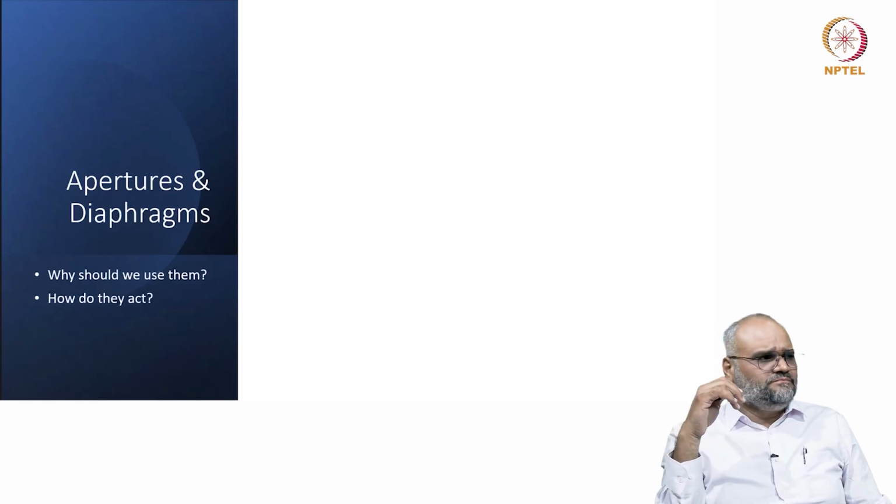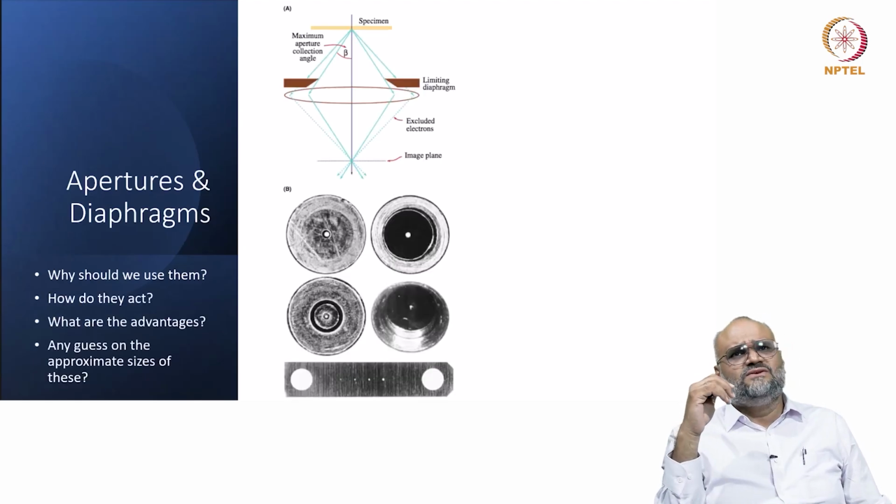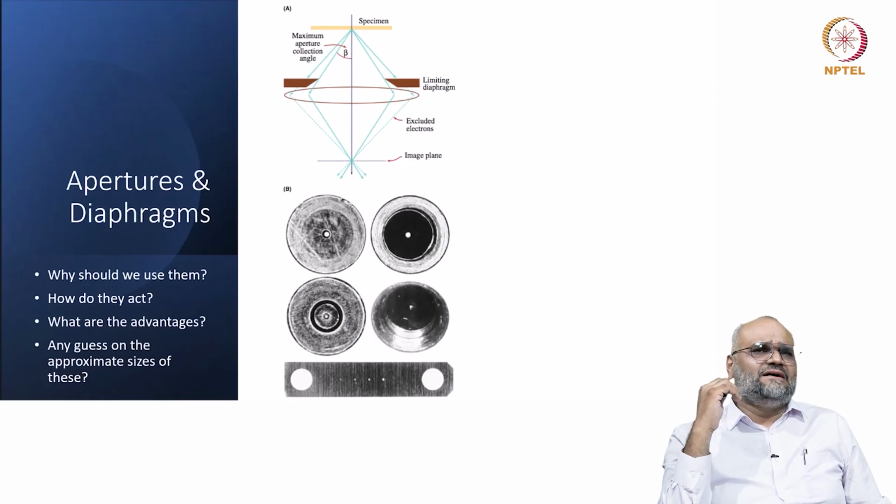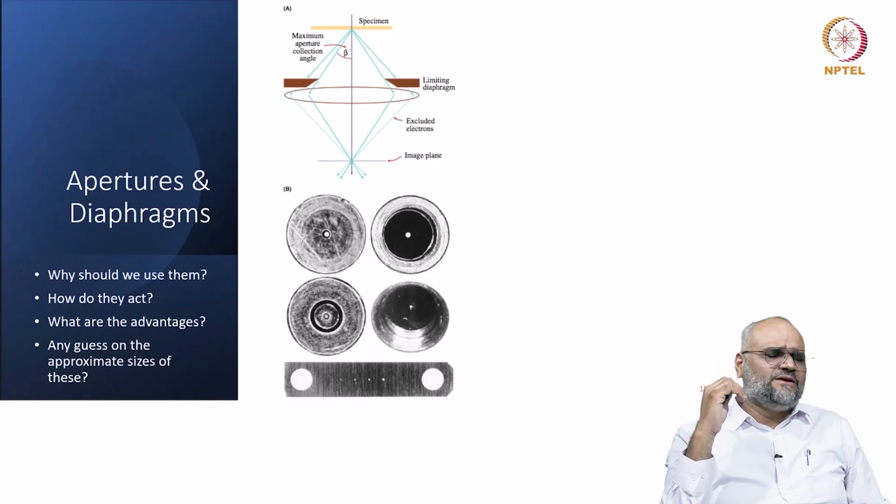And as a result, you are using these apertures which are limiting diaphragms, and they restrict the convergence angle or the collection angle, and they help you improve the quality of imaging.